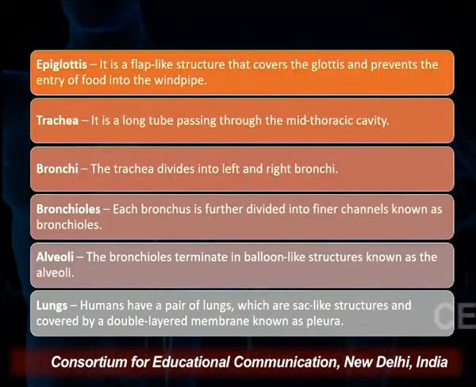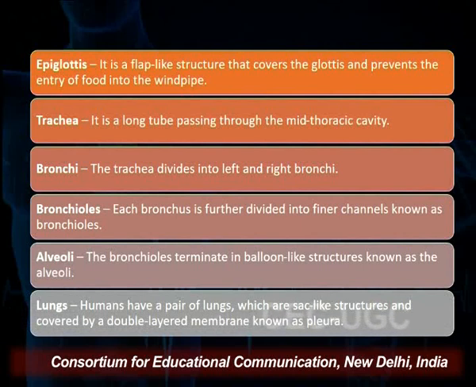Then epiglottis, it is a flap-like structure that covers the glottis and prevents the entry of food into the windpipe. Then trachea, it is a long tube passing through the mid-thoracic cavity.